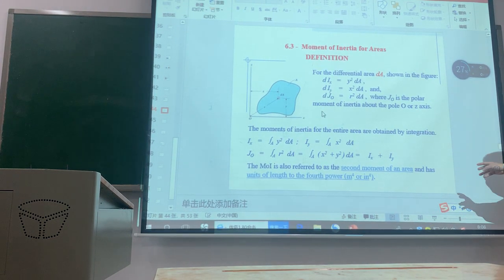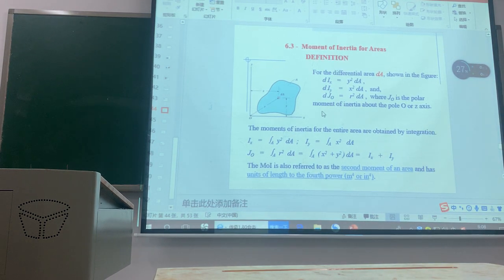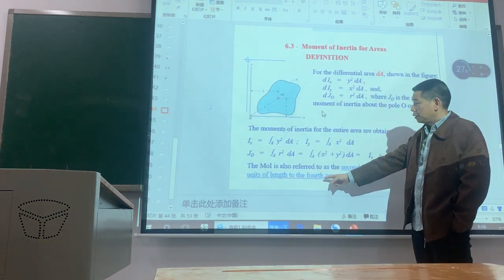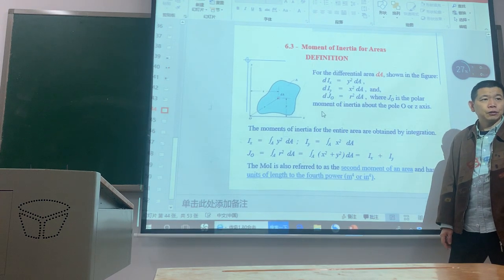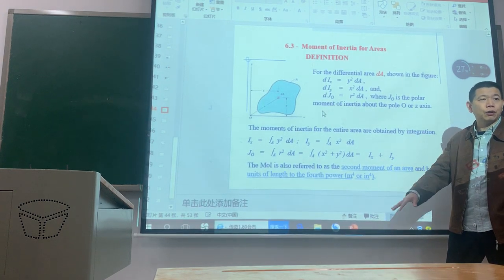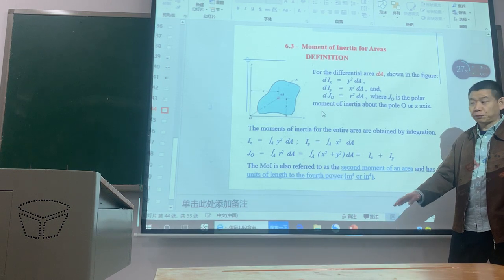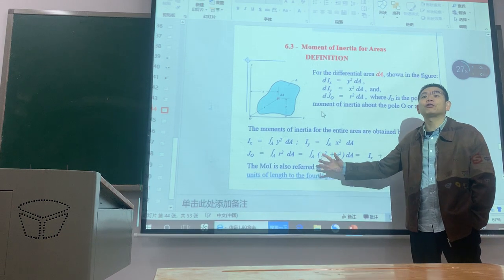We can also call it the second moment of the area. The unit is length to the fourth power, so it is always positive, because it is to the fourth power.